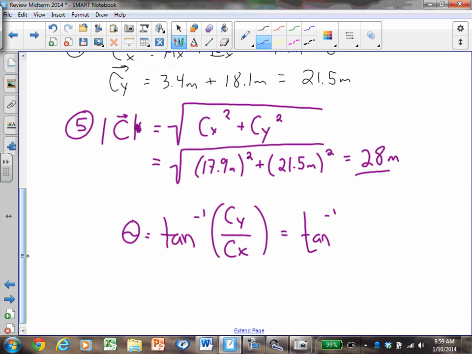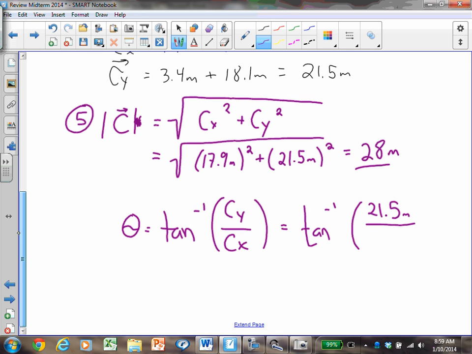21.5, over 17.9. 53 degrees, isn't it? No, 50.2 degrees.